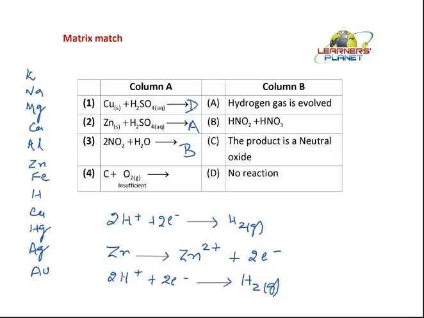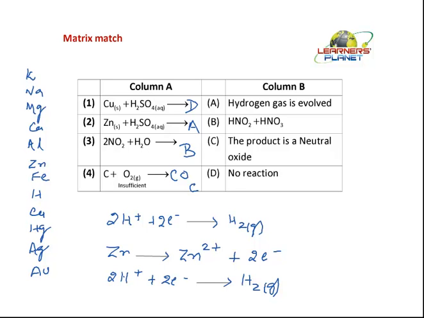B. And carbon plus oxygen, that oxygen here is, remember this point, insufficient. So as it is insufficient, it is going to form what? Carbon monoxide. And carbon monoxide is a neutral oxide. So what should be the option here? C. The product is a neutral oxide.